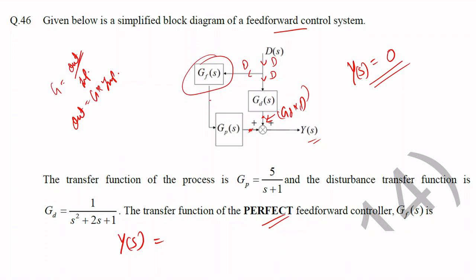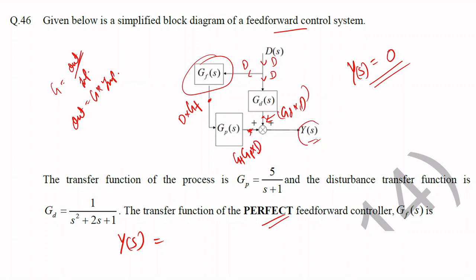Now similarly at this point the output will be disturbance into Gf. Now again, since we are passing through this transfer function block of Gp, that is the process transfer function, the output after Gp will be Gf Gp into D, the disturbance.